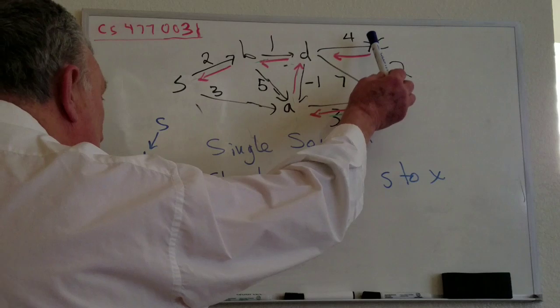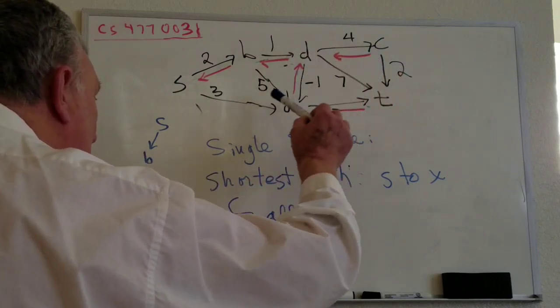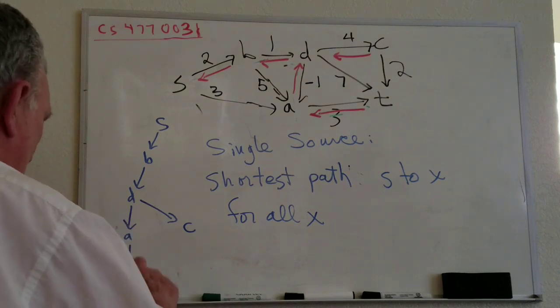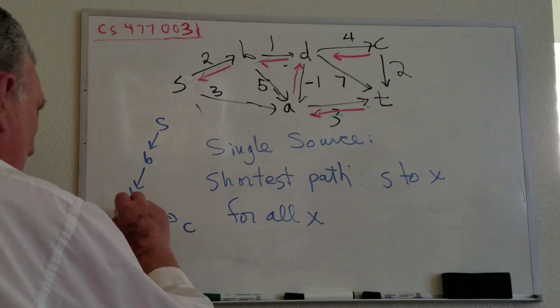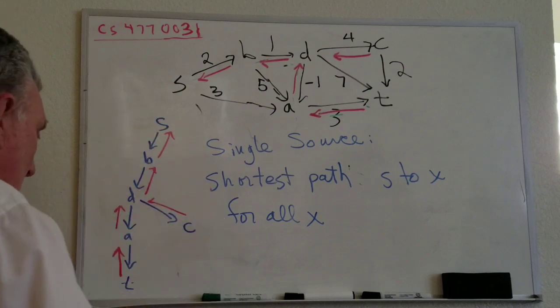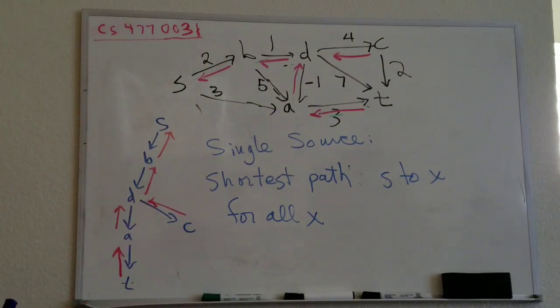For each vertex, the back pointer points to the previous node in the shortest path. So for example, T points here and this one points here. We think of the back pointer as always pointing to the previous node on the shortest path from S to that node.